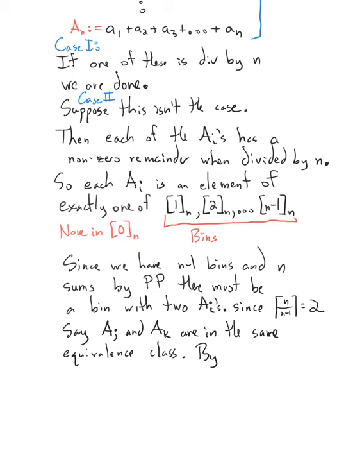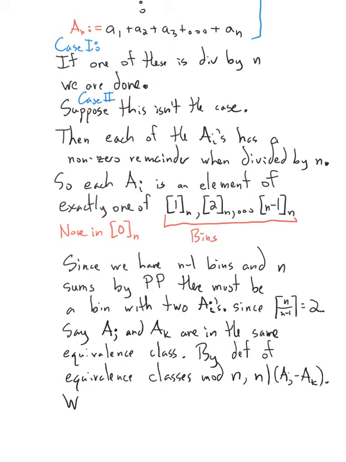By the definition of equivalence classes mod n, we know that n is a factor of AJ minus AK.